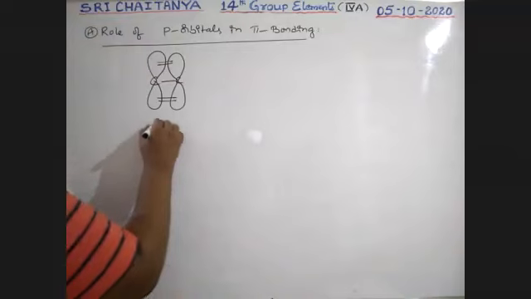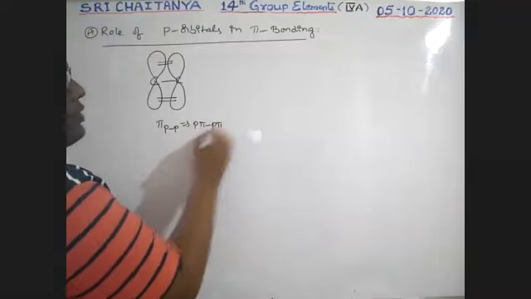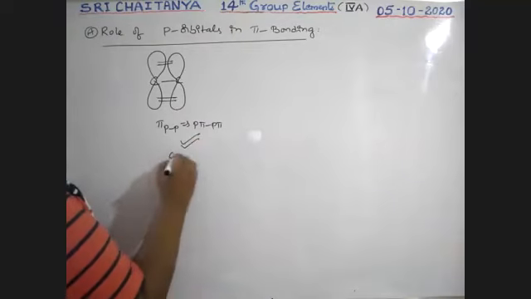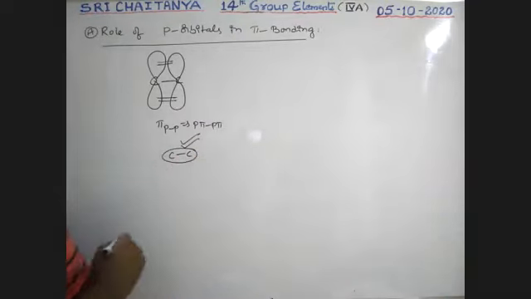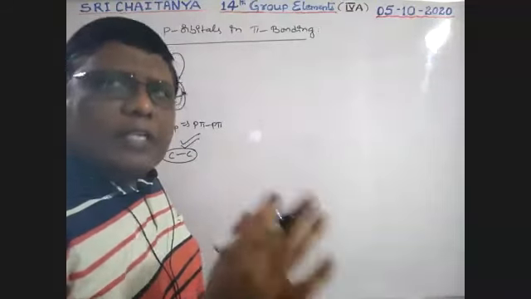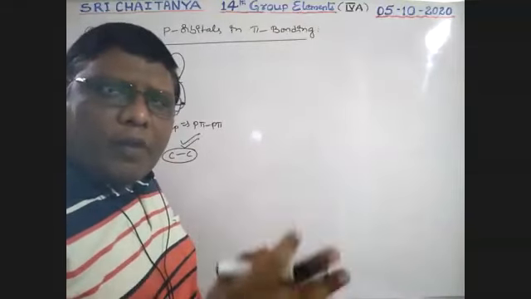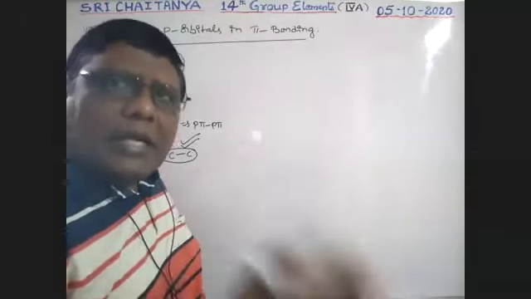Therefore, p pi-p pi bonds are possible between C and C because of small size. Those orbitals are very near to each other, so sideways overlapping and p pi bond formation are possible between carbon and carbon.